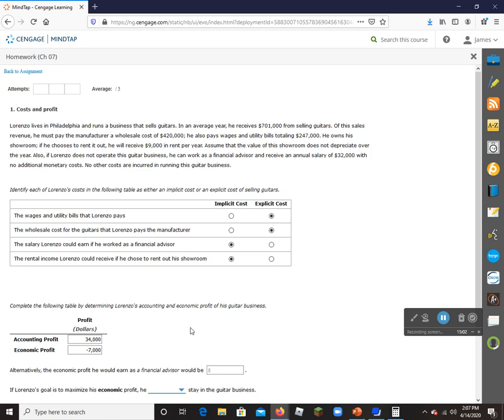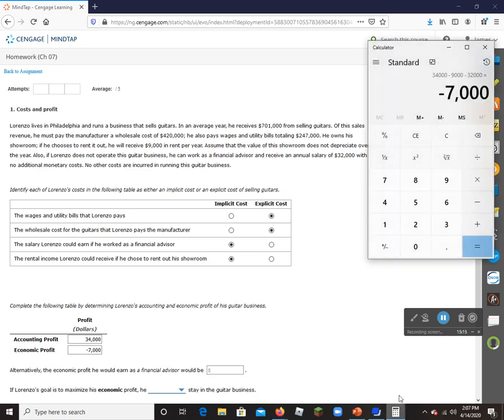But by running the business, he only brings in $34,000 in this accounting profit, but he gives up that $41,000 that he could have made by working for someone else and renting out the business.